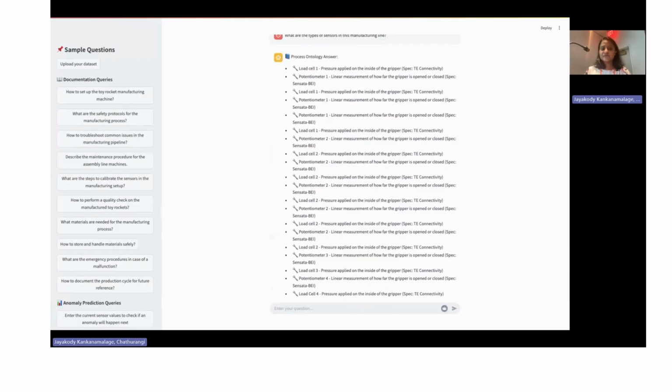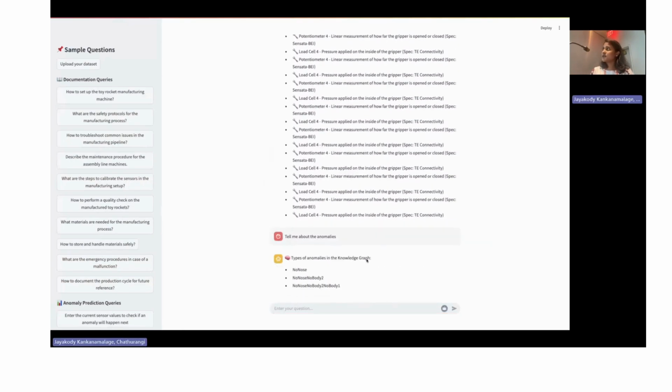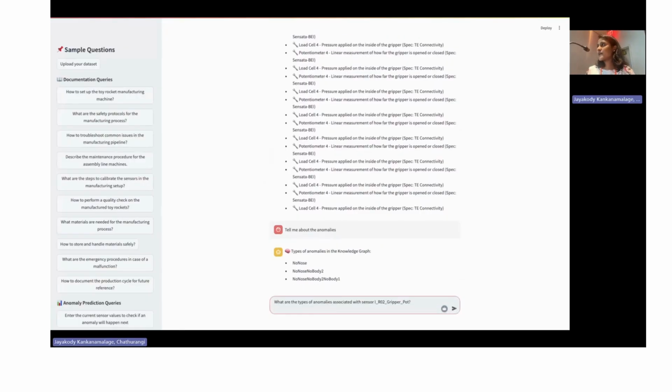And then maybe I can use this to learn more about what types of anomalies are in this particular pipeline. And then it retrieves the answer from the knowledge graph and it gave these 3 types of anomalies.